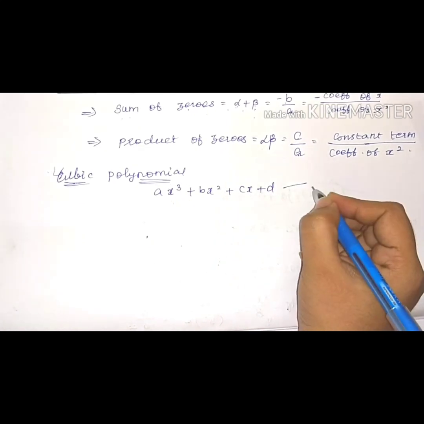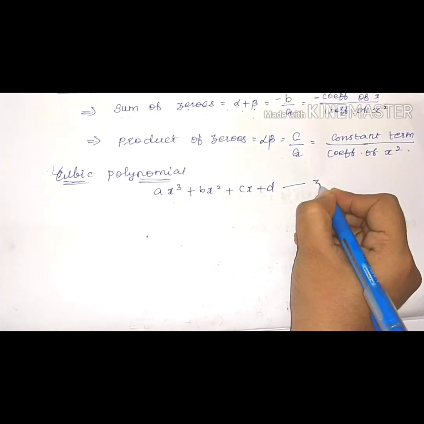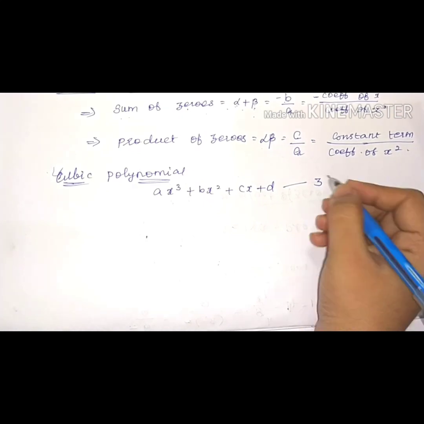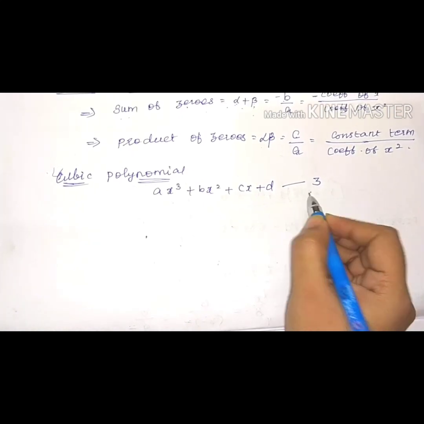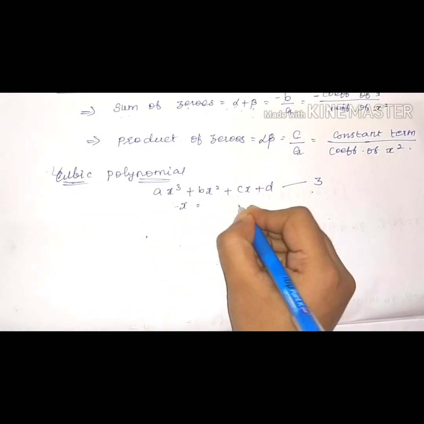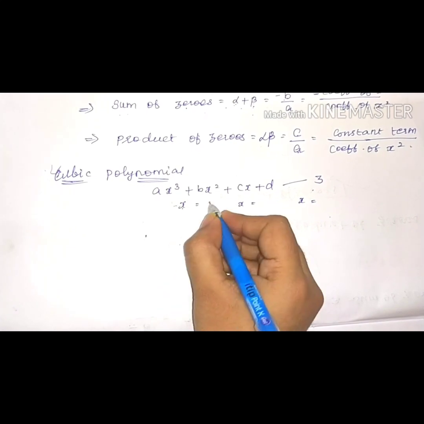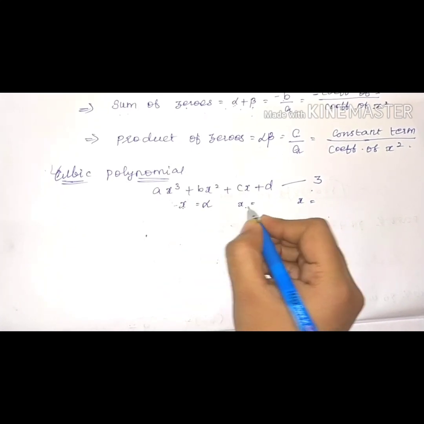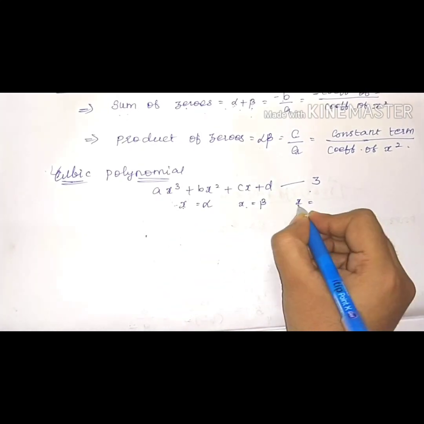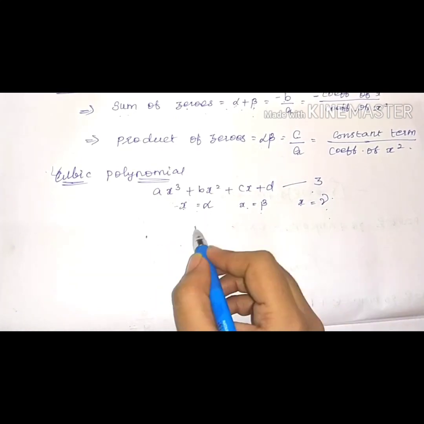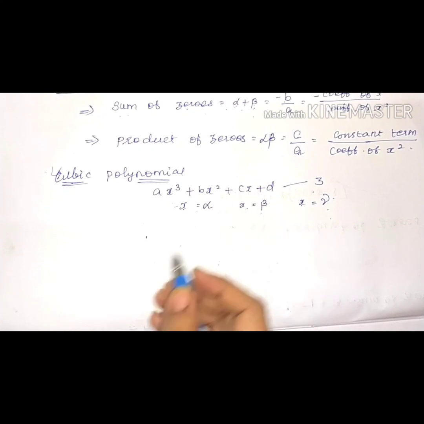At most, how many zeros will you get? At most 3. Either 3 or 2 or 1 or 0 also. So at most 3 zeros, 3 x values you will get. 1 zero you consider alpha, another x value you consider beta, another x value you consider as gamma. So alpha, beta, gamma are the zeros of the cubic polynomial.